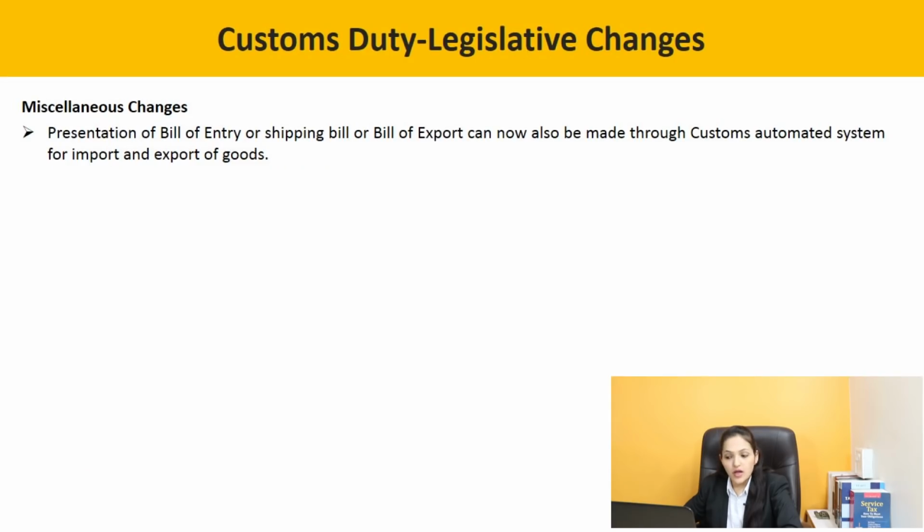Now, there are certain other miscellaneous changes being proposed in the Customs Act to bring it in line with the Trade Facilitation Agreement or the GST Act. First, presentation of bill of entry or shipping bill or bill of export can now also be made through the customs automated system for import and export of goods.